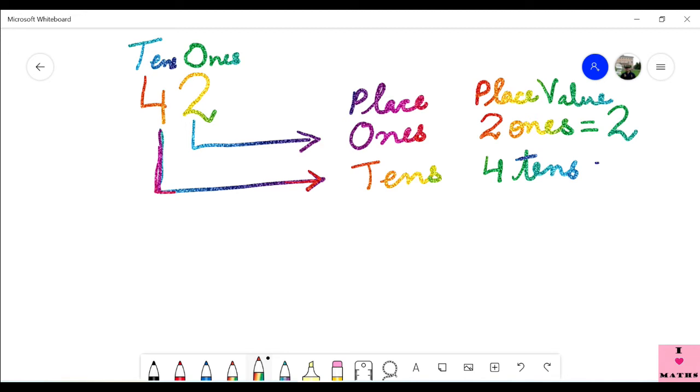And how much is 4 tens beta? It is equal to 40. So the place value of 4 is 4 tens or 40.